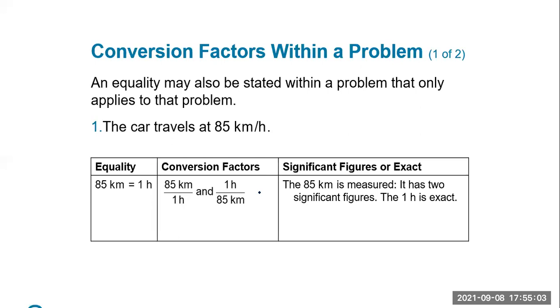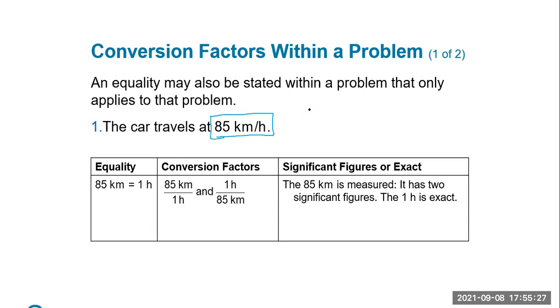Now, sometimes you are given an actual conversion factor that may be specific to a problem. So for example, if your car is traveling 85 kilometers per hour, that may be given in the problem. And we can also use this as a conversion factor.